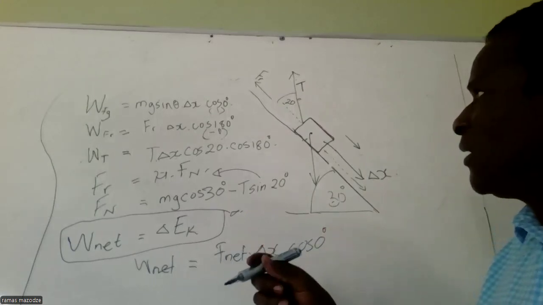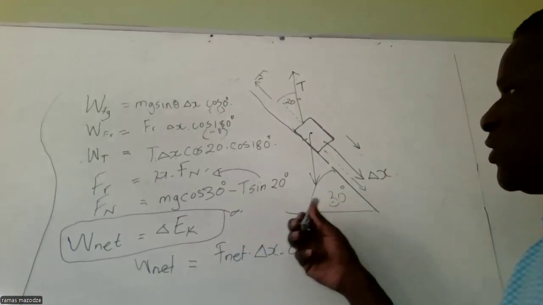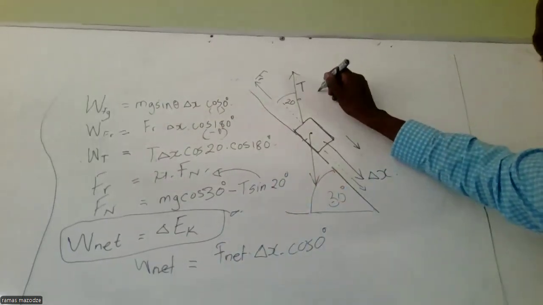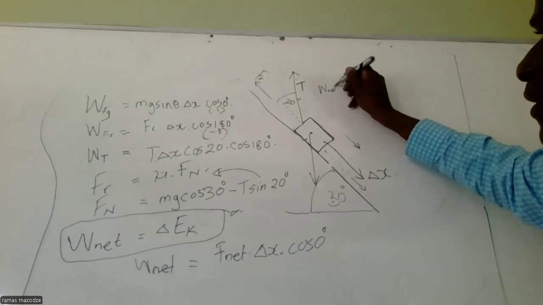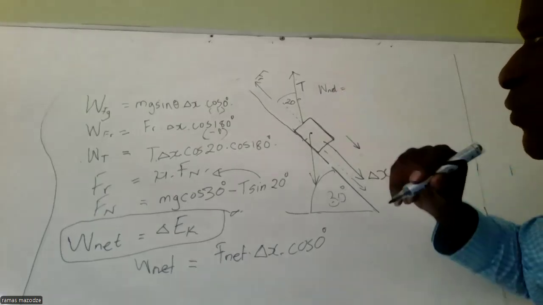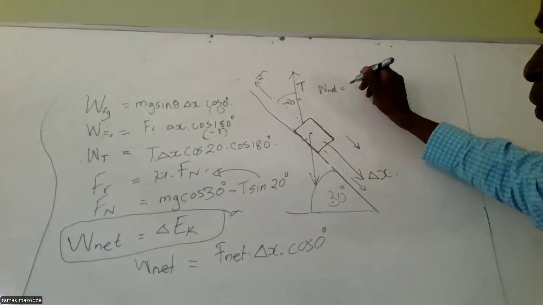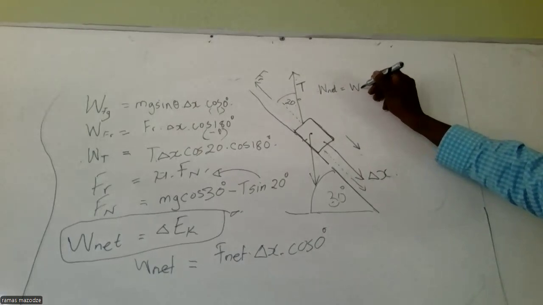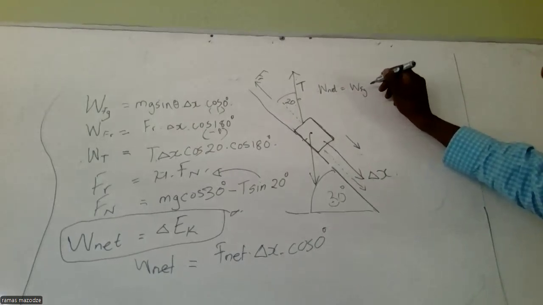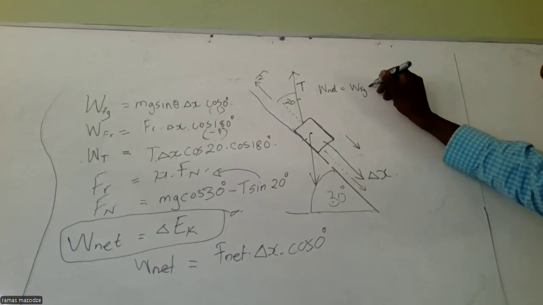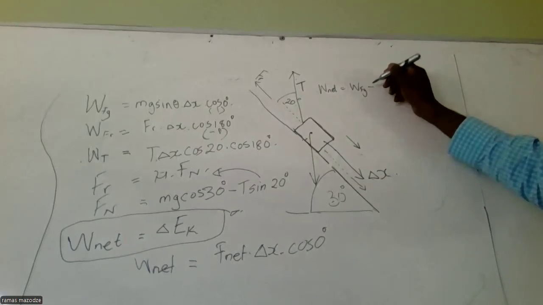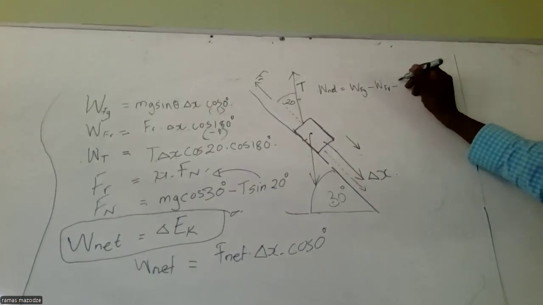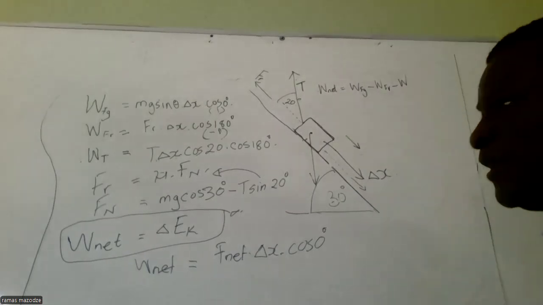The third way of calculating net work would be to sum. You can use this after having done the previous work. Work net, the third way, would be equal to your positive work, the work done by the gravitational force, mg sin theta, plus the work done by friction, plus the work done by tension.